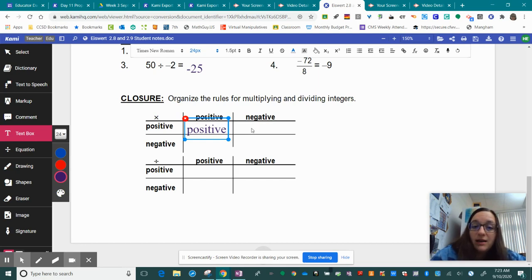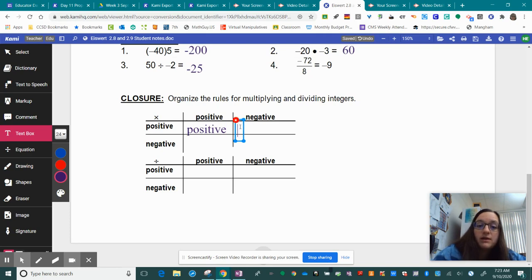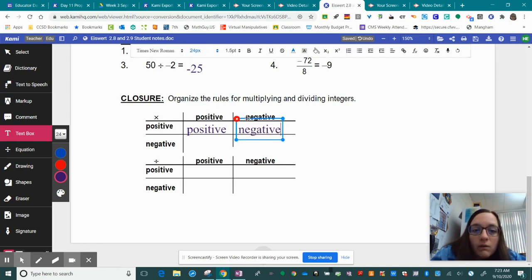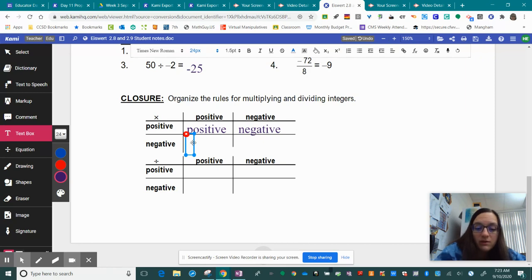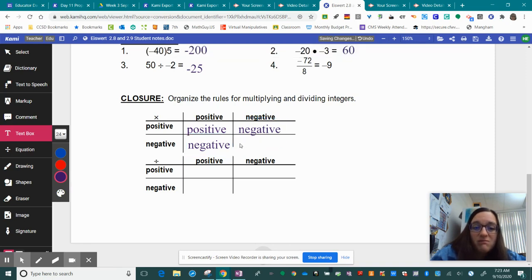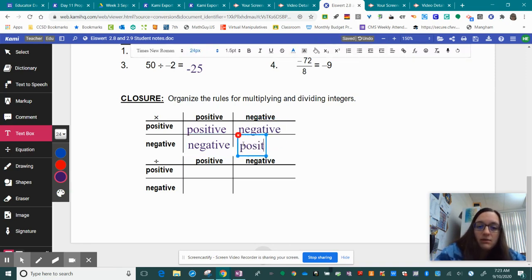A positive times a negative would be different signs, so that would be a negative because they're different. A negative times a positive, those are different, so that would be negative. And then we have a negative times a negative. That's a positive because they're the same signs, positive.